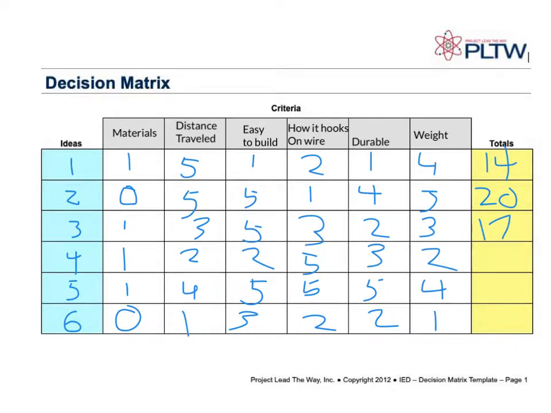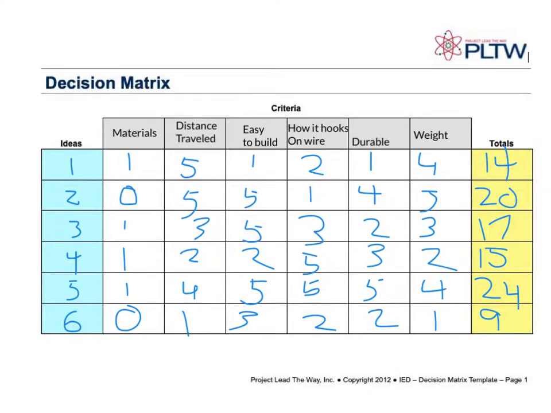So that is 15. I add this one up. That's 24. And then the last one is going to be 5, 9. So obviously, based on my decision matrix, my worst idea is idea number 6.